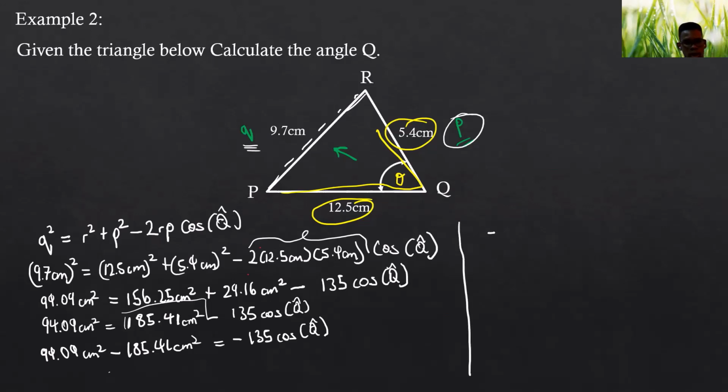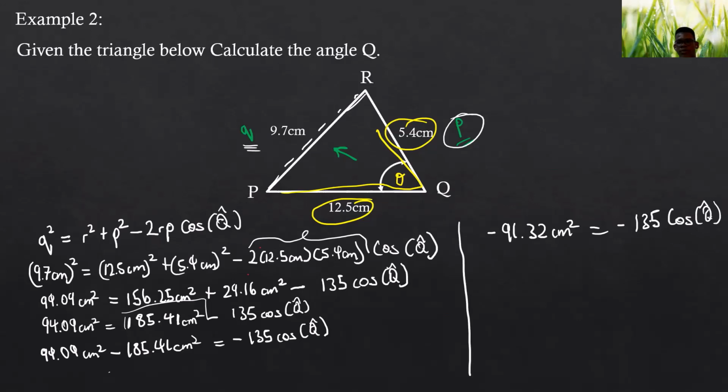So negative 91.32, still centimeters squared. This negative is fine because we have negatives on both sides. This equals 135 cos Q.